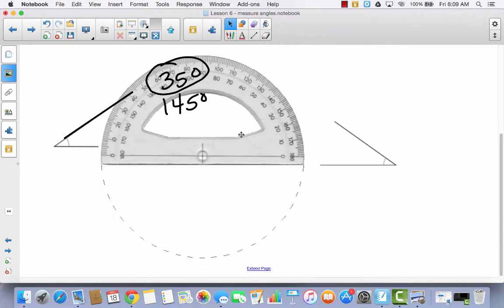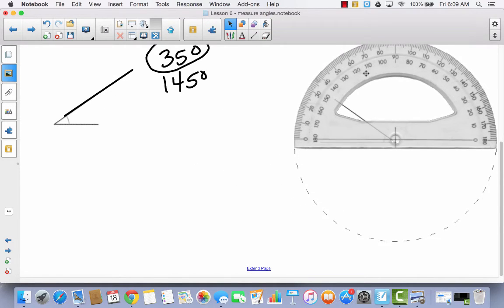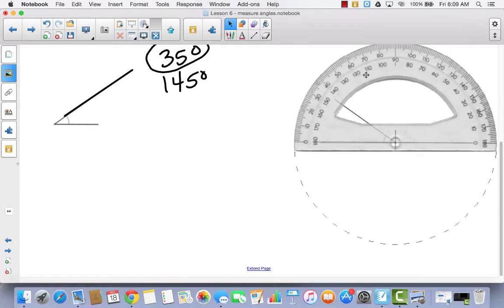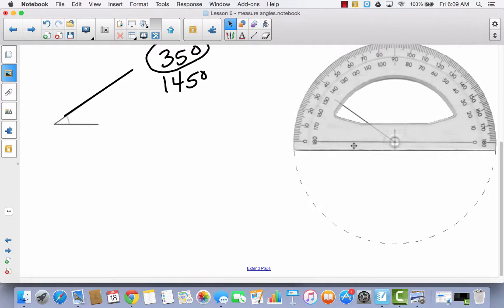All right, so I'm going to take my protractor. I'm going to put it on my angle, and you're going to see that, again, it's kind of hard to see, but I think I can see this one without drawing it. But you can see that it comes between, let me move this down a little bit, it comes between 30 and 35, and between 140 and 150.